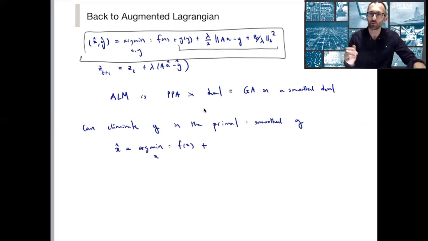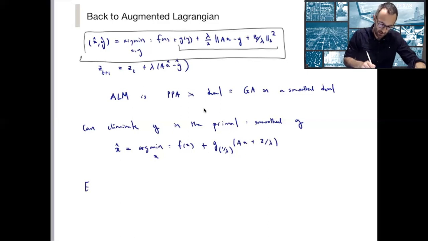I have the Moreau envelope of g of y. Not exactly, because the quadratic term, I have to put it exactly in the form of the Moreau envelope, and you'll see that this looks like g with parameter 1 over lambda, the smooth version, at Ax plus z over lambda.